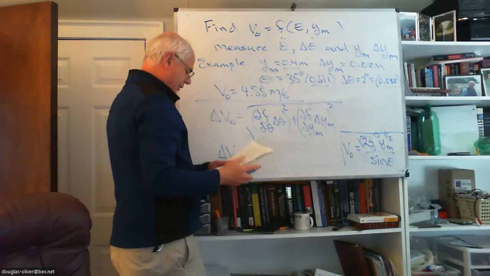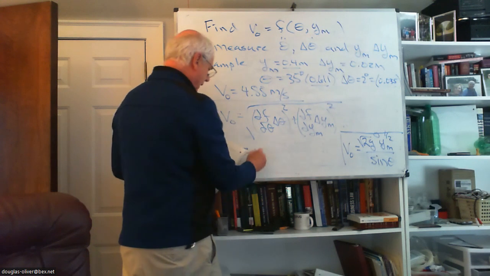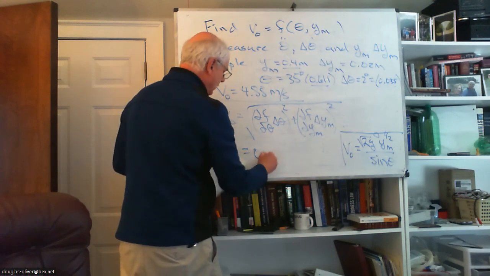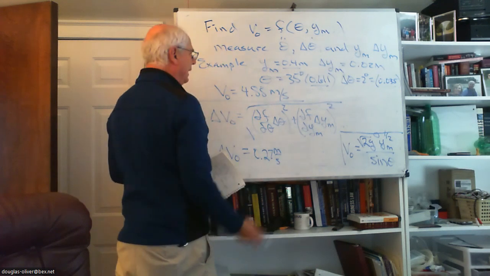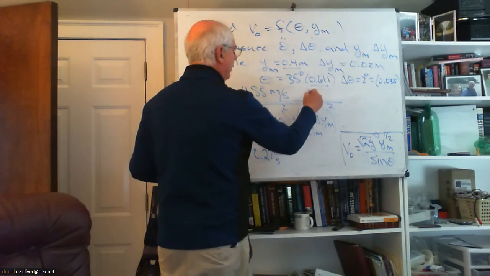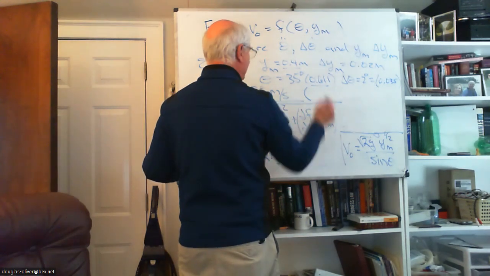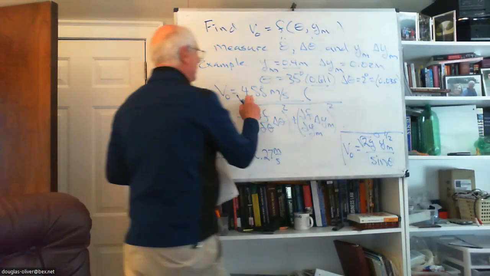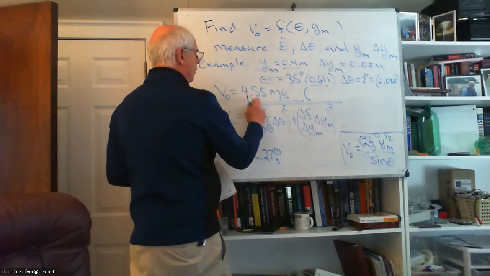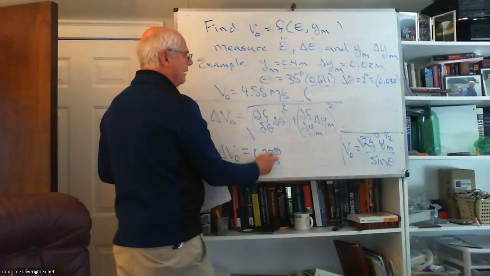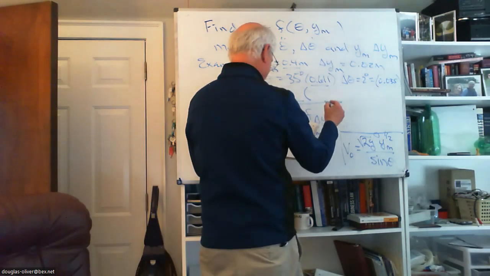I got an uncertainty in my velocity of 0.27 meters per second. What that means is our velocity is in a range: 4.88 minus 0.27 to 4.88 plus 0.27 meters per second.